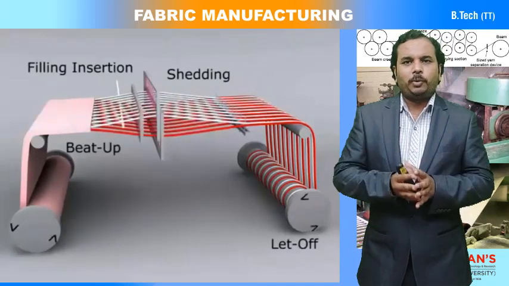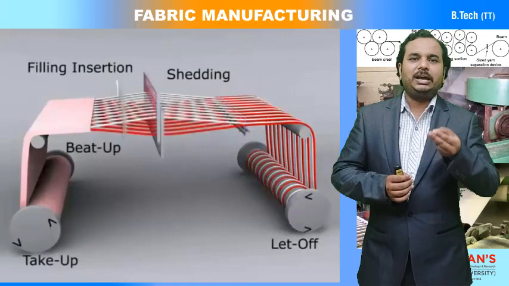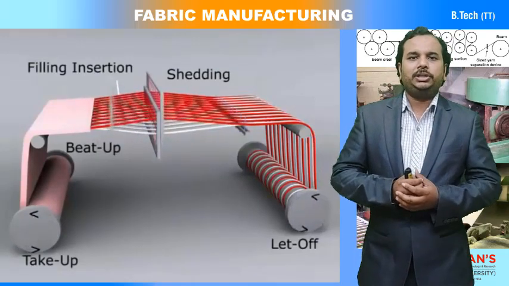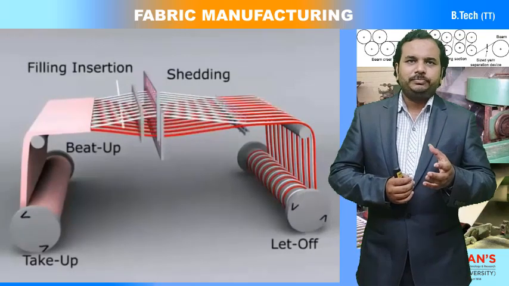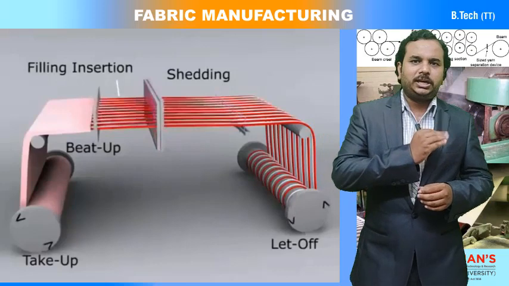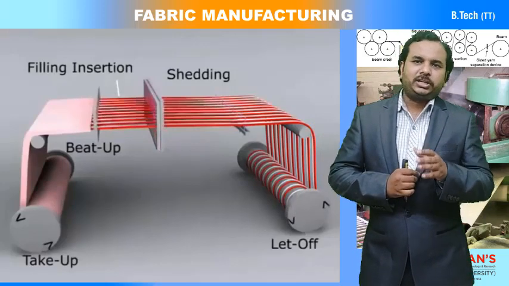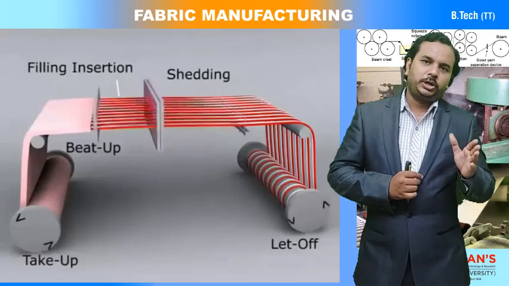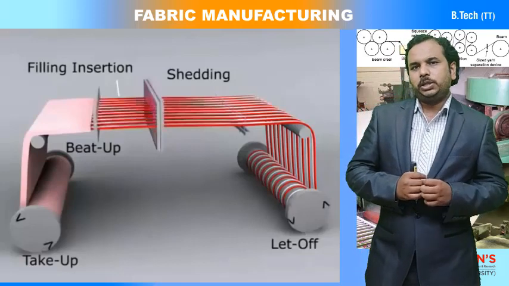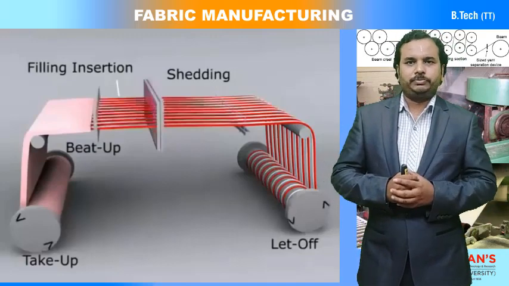After the shed opening, the shuttle is traversed, that is, the pick or weft insertion is done in the shed. After picking or filling insertion, the reed beats the weft yarn towards the fell of the cloth, and after that the fabric is taken and wound onto the cloth roller with the help of the take-up mechanism.